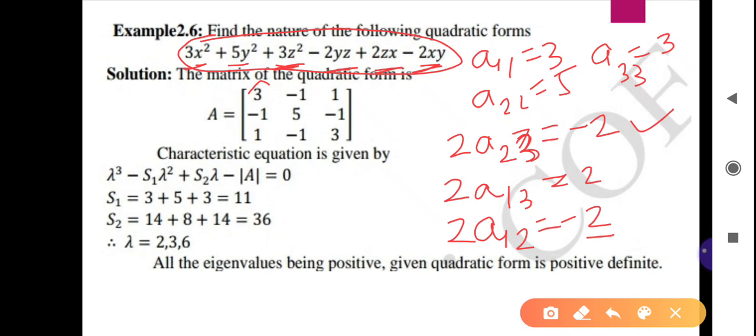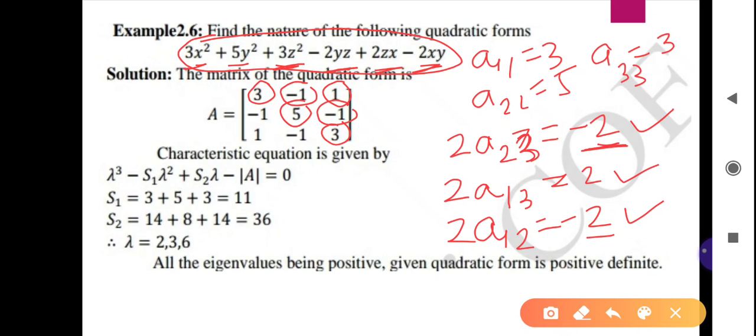So, A11 is 3, A22 is 5, A33 is 3. After that A12 is minus 1, A13 is 1, and A23 is minus 1, put here.